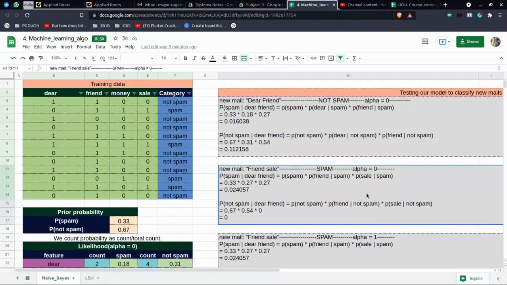And why are we using log also? Mostly we don't use logs in examples, we directly use this multiplication, but in the real world we use log. Why? Let's say I have 50 features. The probability values are always between 0 and 1, so 0.1, 0.02, 0.03.